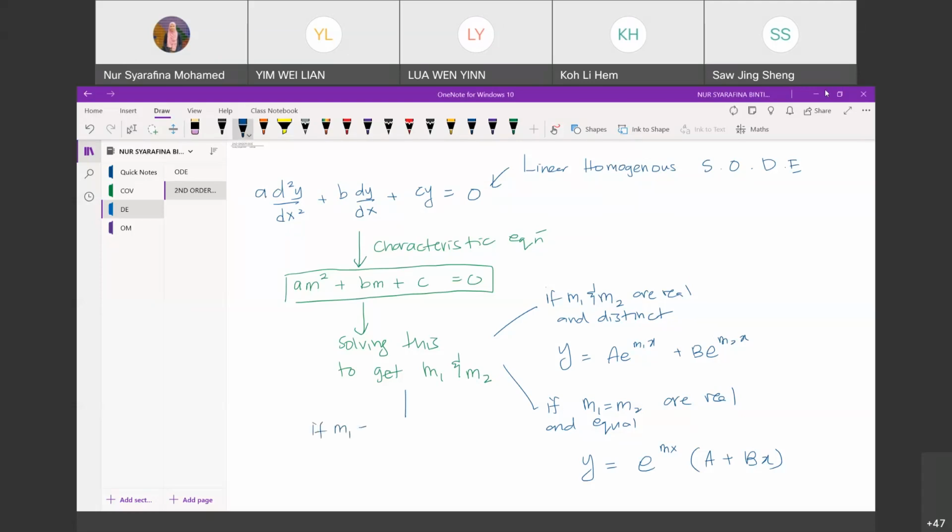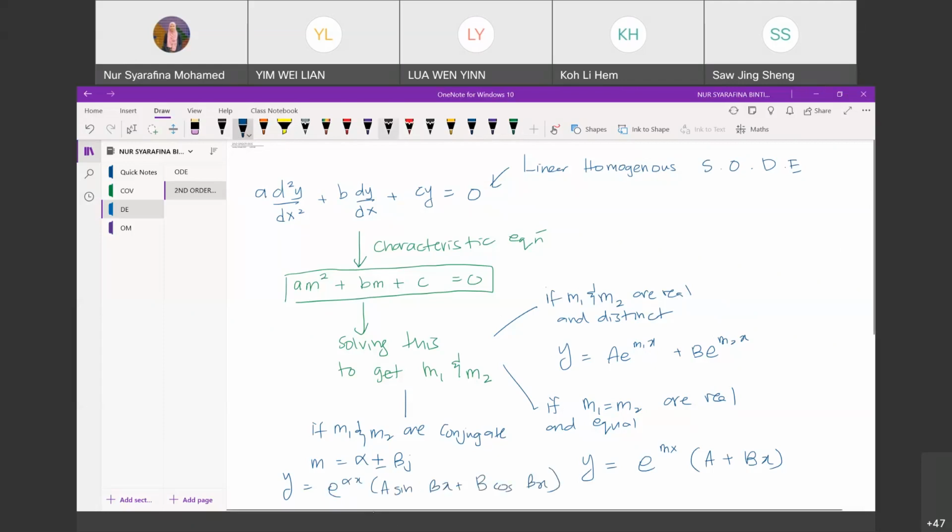if both values m1 and m2 are complex conjugates of the form alpha plus minus beta j, then the solution is e^(alpha x)(A sin beta x plus B cos beta x).